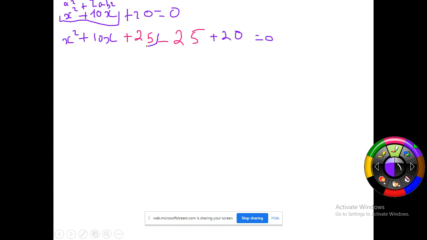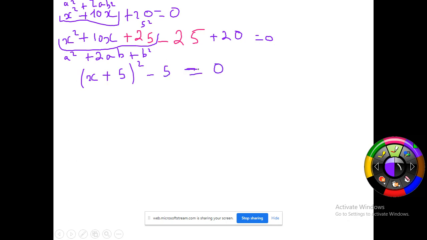So if I take those three together now, I can see this is a squared plus 2ab plus b squared. So 25, it's 5 squared. 2 times 5 times x gives me 10x. So the factorized form of this one is (x plus 5) squared. Now I have here minus 25 plus 20. It gives me minus 5 is equal to 0.